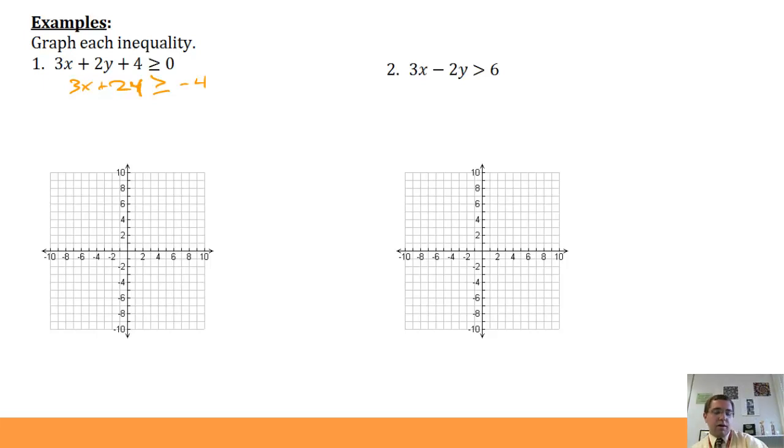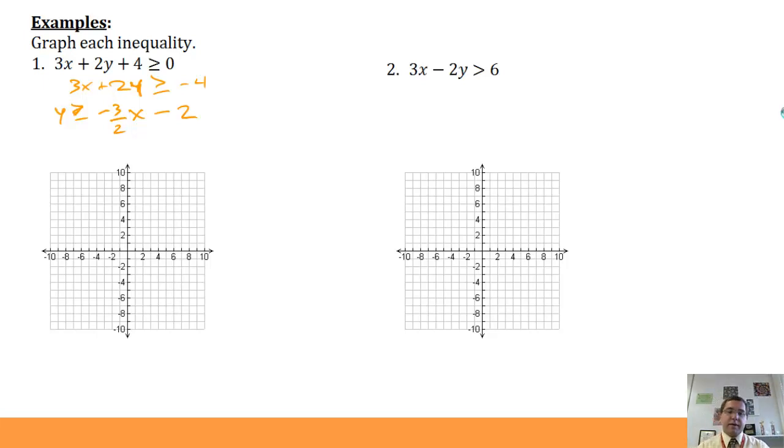I think it's easiest to graph it in slope-intercept form, so I'm going to put it in slope-intercept form. y is greater than or equal to negative 3 over 2 x minus 2, if I move the 3x to the other side and divide everything by 2.